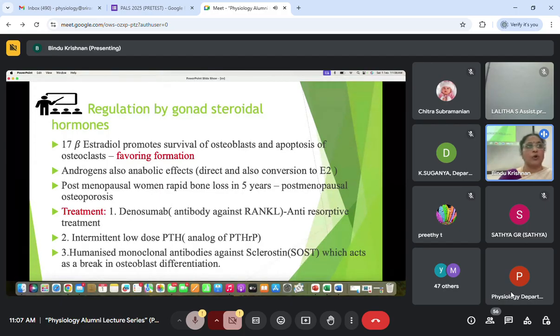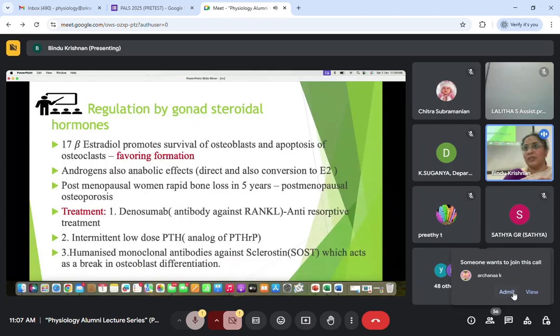Because we know osteoblasts help in bone formation, but osteoclasts help in bone resorption, right? So that is how protective estrogens are. They help in the survival of osteoblasts, but at the same time, they cause apoptosis, or cell death, of osteoclasts.